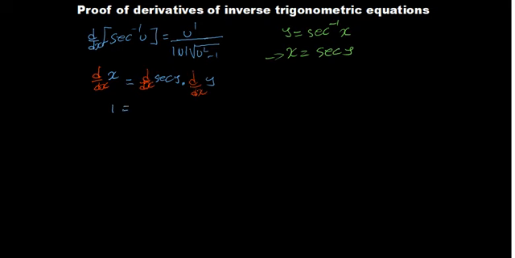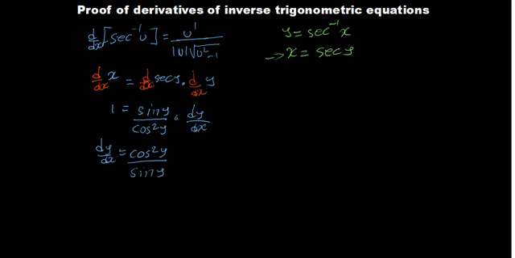The derivative of sec y is sine y divided by cos squared y, multiplied by dy/dx. Okay, so here our dy/dx is equal to cos squared y divided by sine y. Okay, that's what we have.